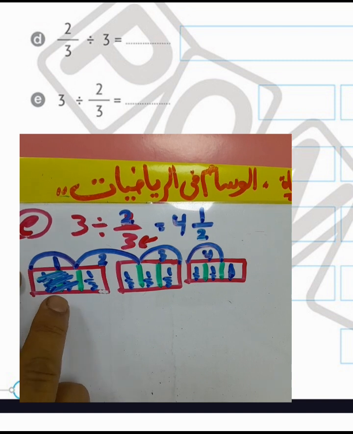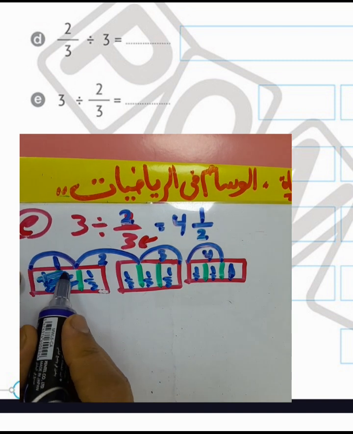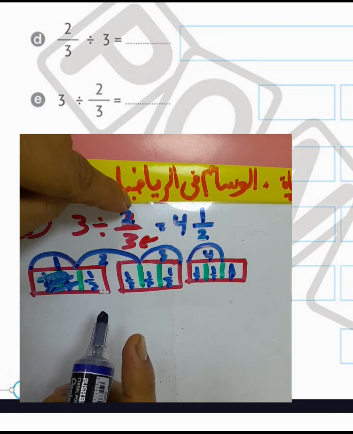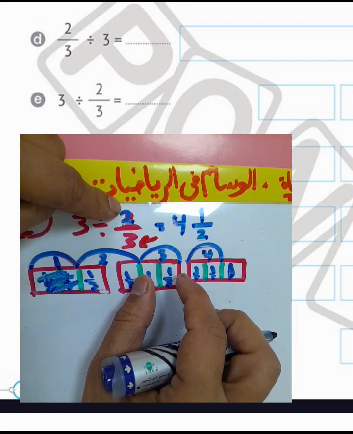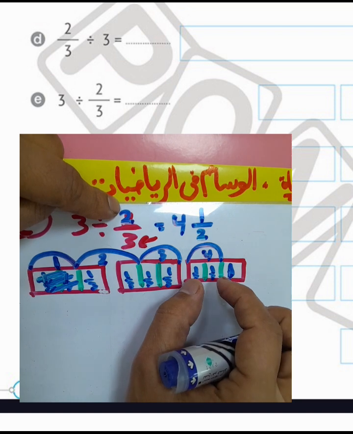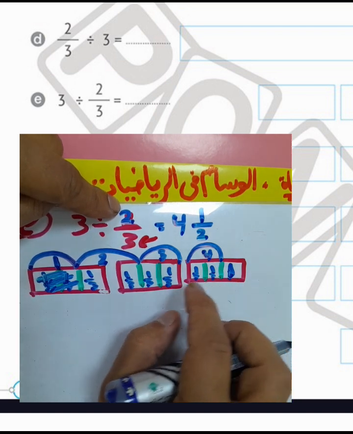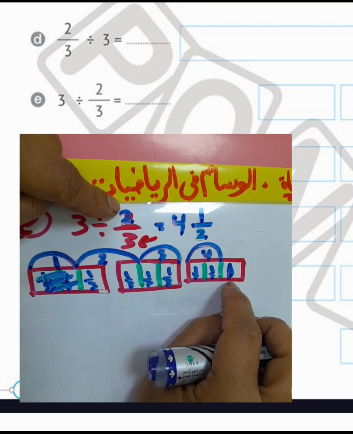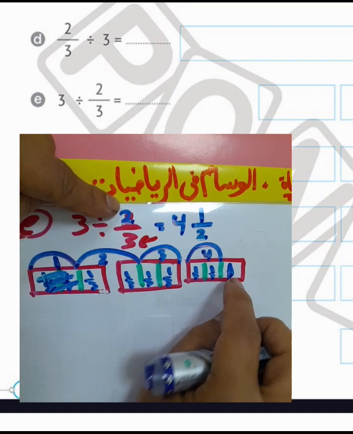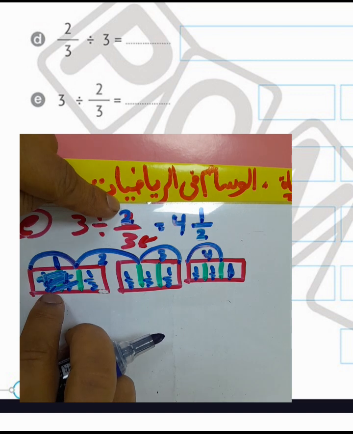Count with me. 1 over 3 plus 1 over 3, 2 over 3. 2 over 3, it will be 1. 2 over 3, 2. 2 over 3, 3. 2 over 3, number 4. Then we have 4 whole numbers and the remainder 1. The remainder 1 here is 1 over 3 from 2 over 3. The result will be 1 over 2.